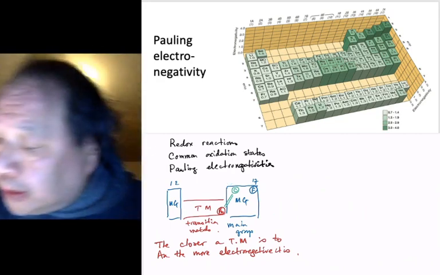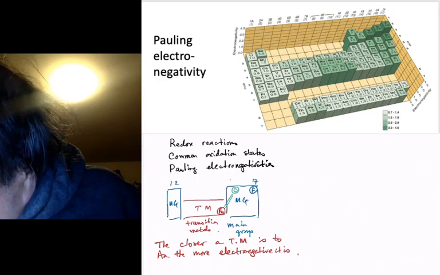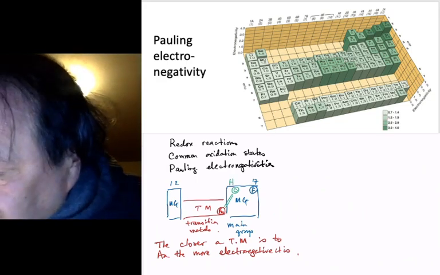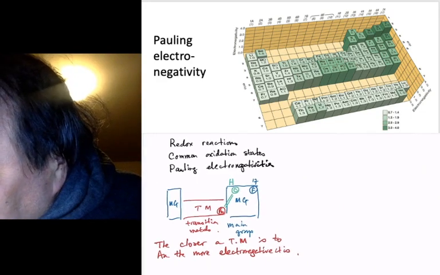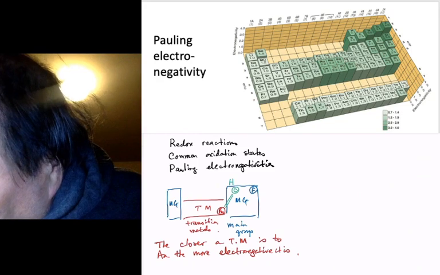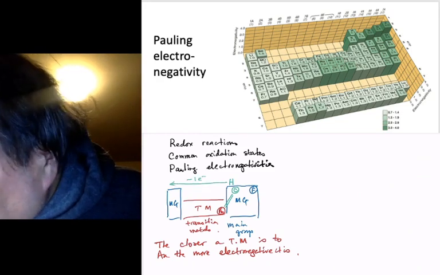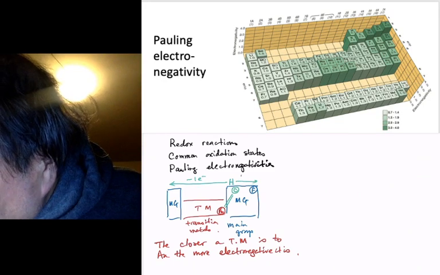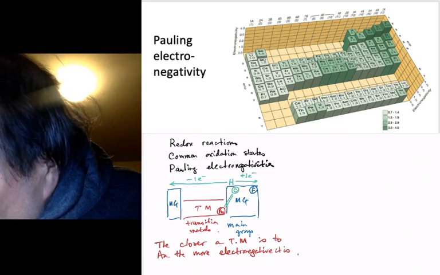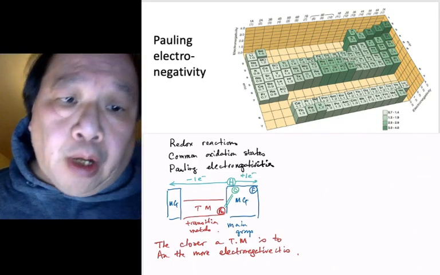There's one more element that we should consider, and that is hydrogen. Hydrogen is halfway in its row. The first row, hydrogen is, if it loses an electron, that's the beginning, or it gains an electron, that's the end. It's halfway in the row, so hydrogen is roughly halfway between boron and carbon.